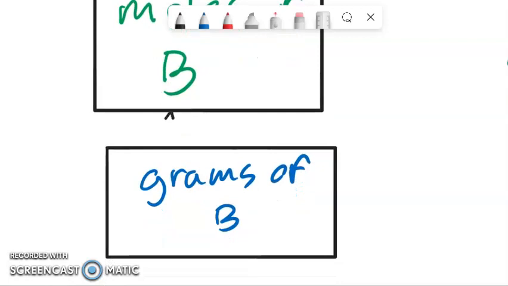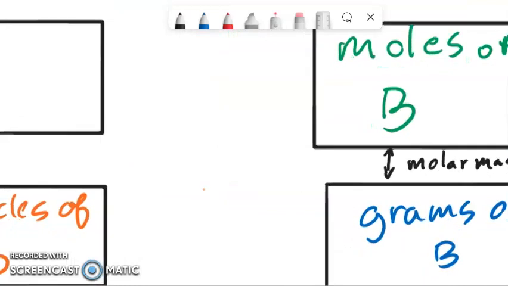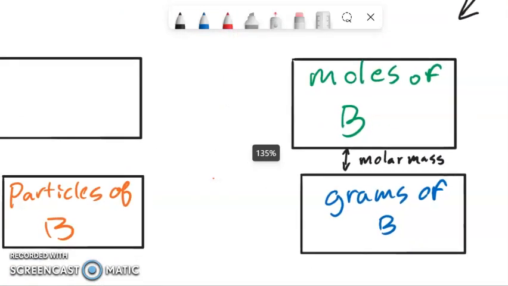So going between moles and grams of B, we're going to need to know the molar mass. And going between moles and particles of B, we are going to need to use Avogadro's number. I'm going to leave it up to you to fill in which way you need to flip the conversion factor for those.